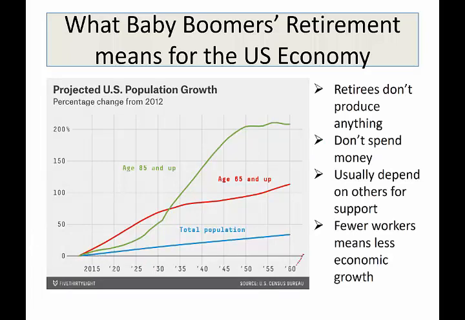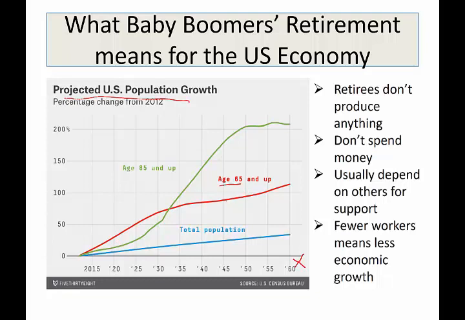Here we are again, on the x-axis in years, and the y-axis is the projected U.S. population growth. So you can see that the total population growth is the blue line, and it's increasing very slowly. If you look at the red line, this is the percentage of individuals who are age 65 and up of the population.